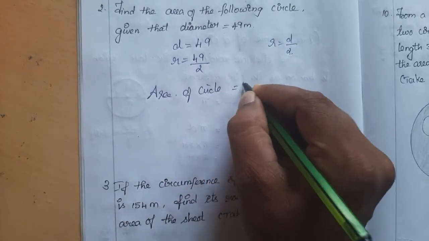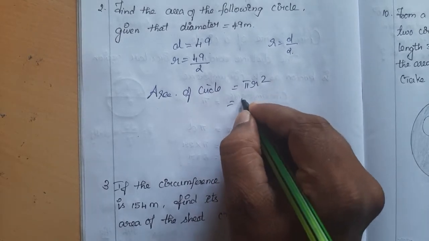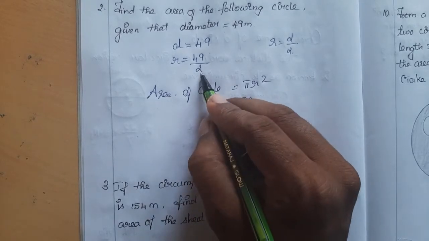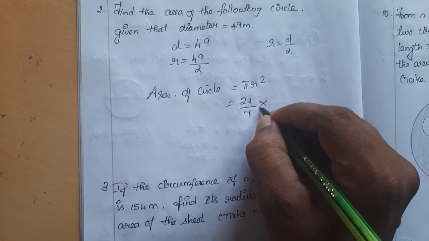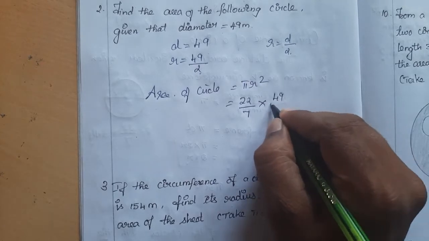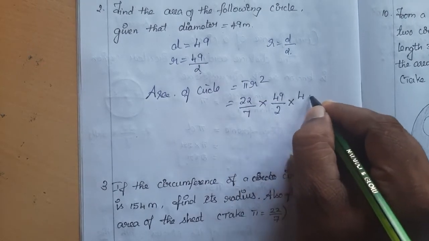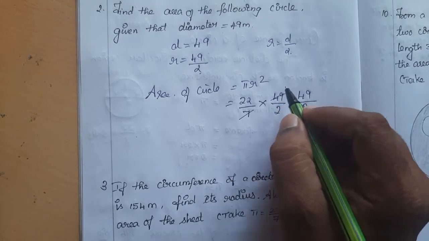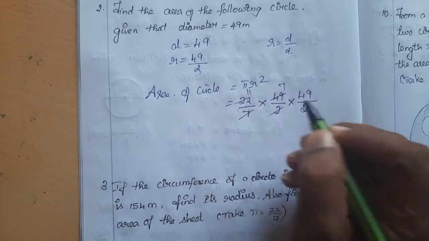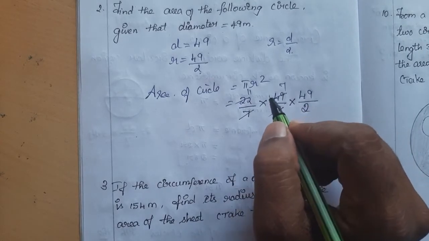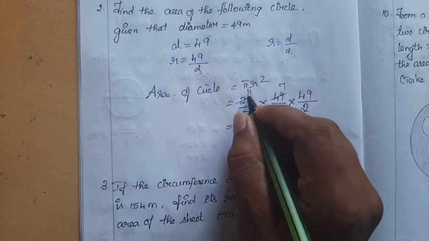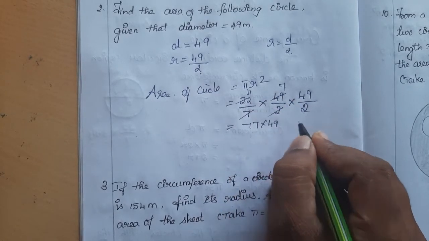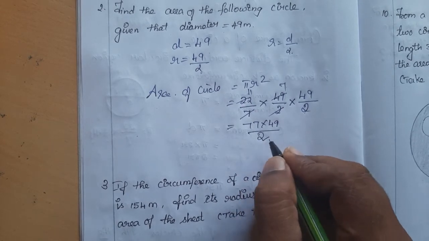Area of circle is equal to pi r square. The pi we can consider as 22/7, because here also fractions we can cancel, into r square, which is 49/2 squared. They gave the square, so we have to multiply twice, right? Yes, the 7 and 49 cancel, 7 times 2, and it is 11 times. Clear? So 11 into 7 is 77, into 49 divided by 2.